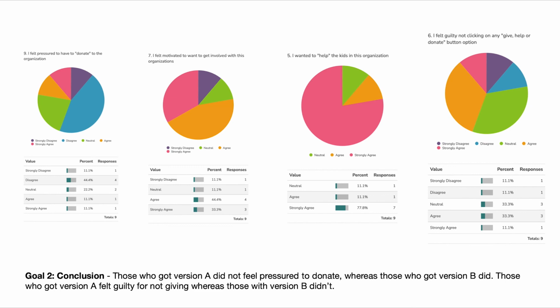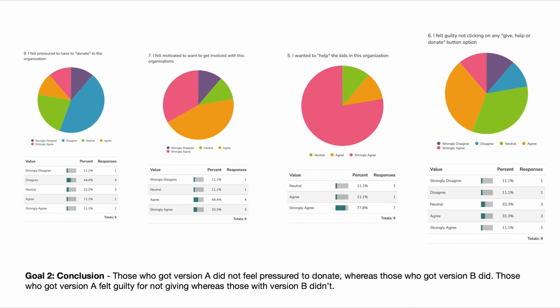And those who got version A felt guilty for not giving, whereas those with version B didn't, because version A actually appealed to their humanity, their feelings towards an actual person, and bringing them to a smile. But if you look at the charts, most of them are kind of split in half, because version A and version B got very different results.